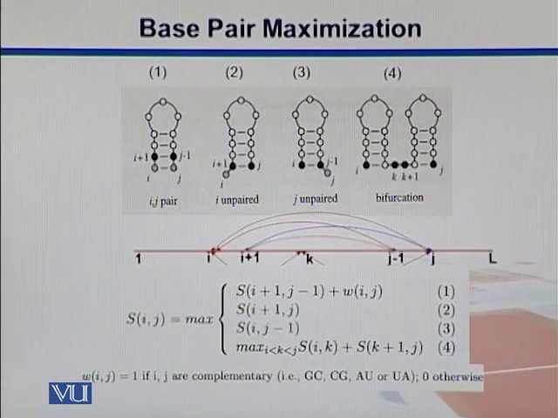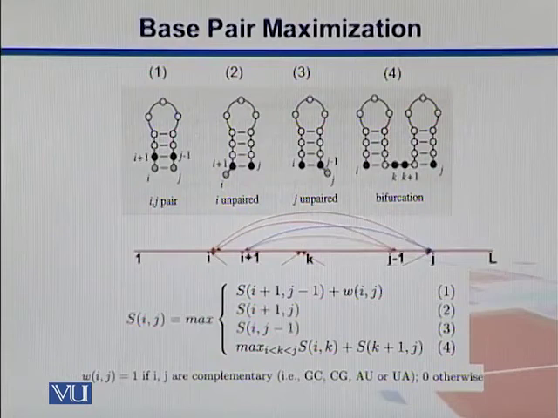Here we see all these cases again, where case 1 is i and j are paired. In case 2, i stays unpaired, j is unpaired in case 3, and bifurcation is case 4. We can see these interactions in this diagram, and all these 4 cases are in the algorithm. Case 1 is S(i+1, j-1), that is the score of this one, plus the weight of i and j.